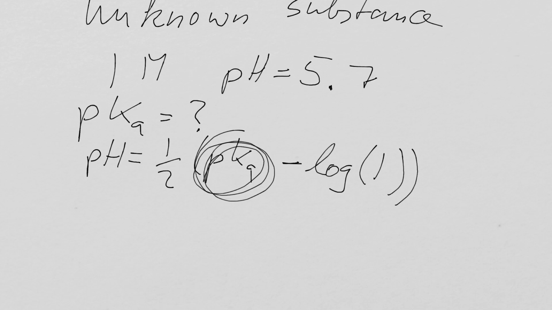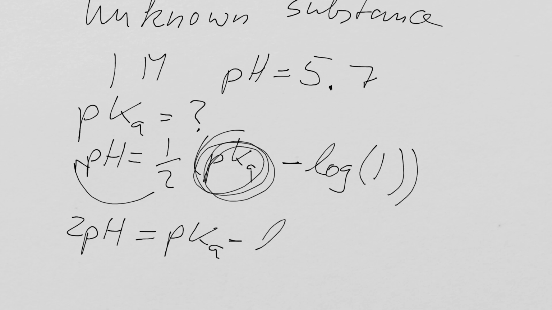So all I need to do is now rearrange this equation. The 2 goes over here, so I've got 2 times pH equals pKa minus log 1. What is log 1? 0.